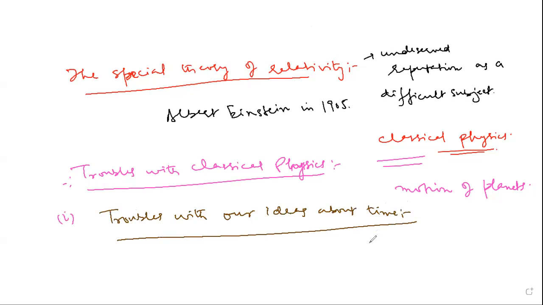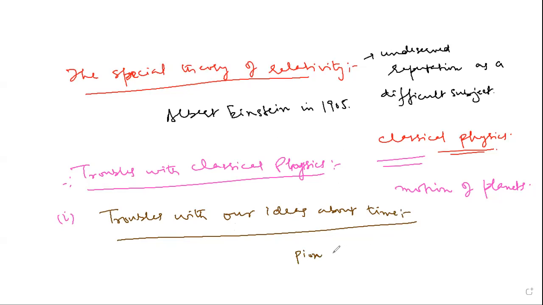So what is the problem with the idea of time in classical physics? There is a particle called pion. Let me use another color.